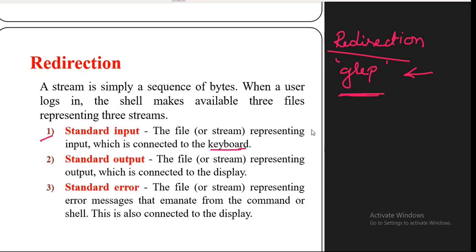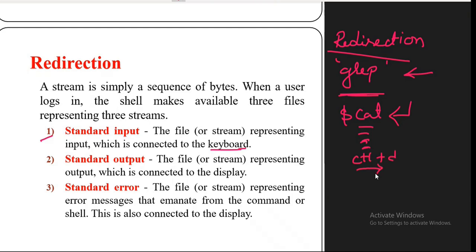Here input indicates the keyboard, you can just remember that. Example command cat: if you want to read from the file, you can just press enter here. Immediately it will ask for the data to be entered from the keyboard. Once it is done, you press Ctrl D and it will come out of that file.